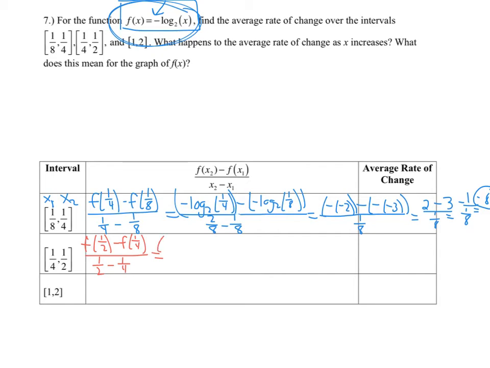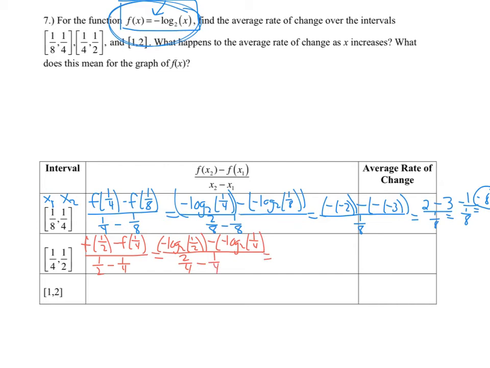So we've got the opposite of the log base 2 of 1/2 minus the opposite of the log base 2 of 1/4, all over, well, I need a common denominator, so 1/2 is 2/4, take away 1/4.